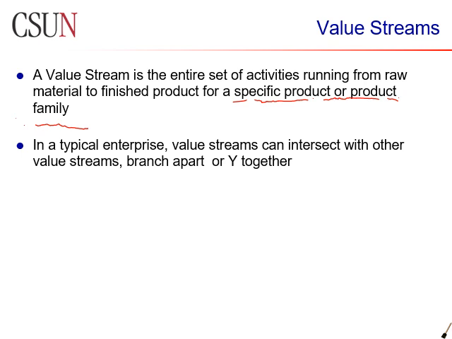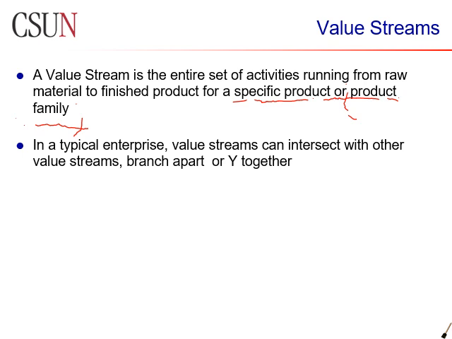So instead of drawing different value stream maps for different products, we group similar products together. When we group these similar products, we get what's called a product family. So by saying product family, it means products that are very similar can be combined, and when you draw their value stream map, you can draw just one for them because they are very similar.